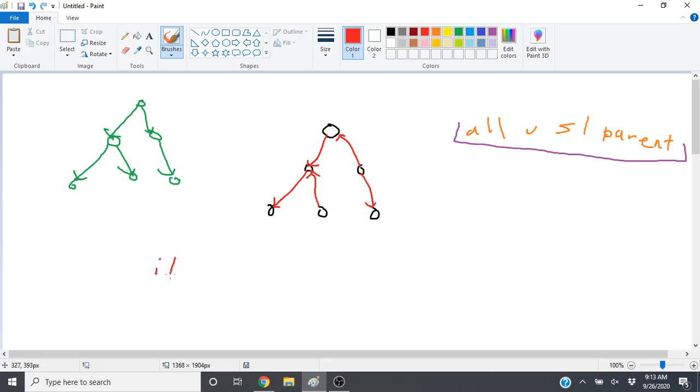So let's denote ID of I to be the in degree of I, which is to say the number of edges that go from some vertex into I. For example, this in degree is 0, this in degree is 1, this is 1, this is 1, this is 1, this is 1. Notice a pattern there? Well, here the in degrees are, this is 1, this is 0, this is 1, this is 2, this is 0, and that's 1.